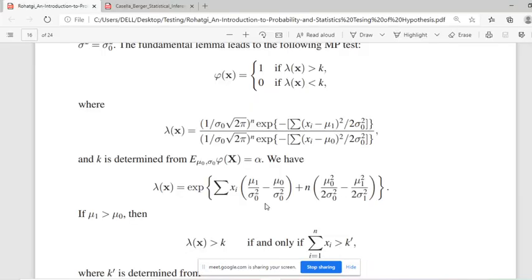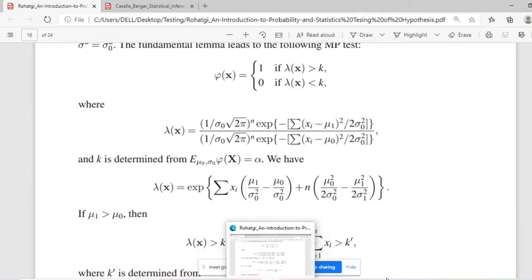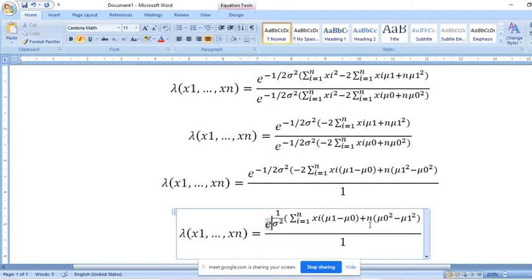Anyway, you can see that this is the lambda x after simplification. 2 will be there, 2 will be there. Here we can see because we have already 2 here, and only these 2 cancel each other. So there will be one.